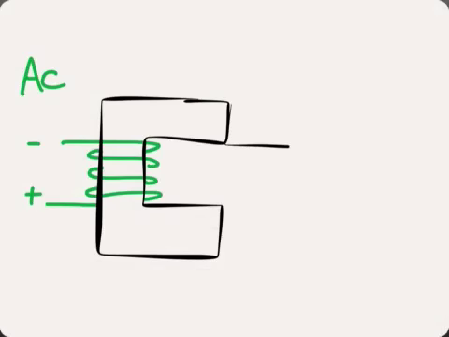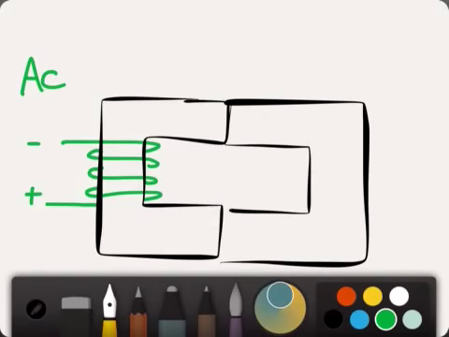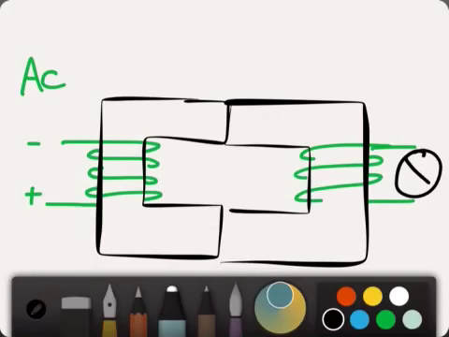This is NS, the number of coils on the secondary. We have a voltage going in, let's call that VP. We have a voltage coming out, VS. And we can look at the relationship between the number of coils and the voltages, and it's quite a simple one. So let's give it a go.